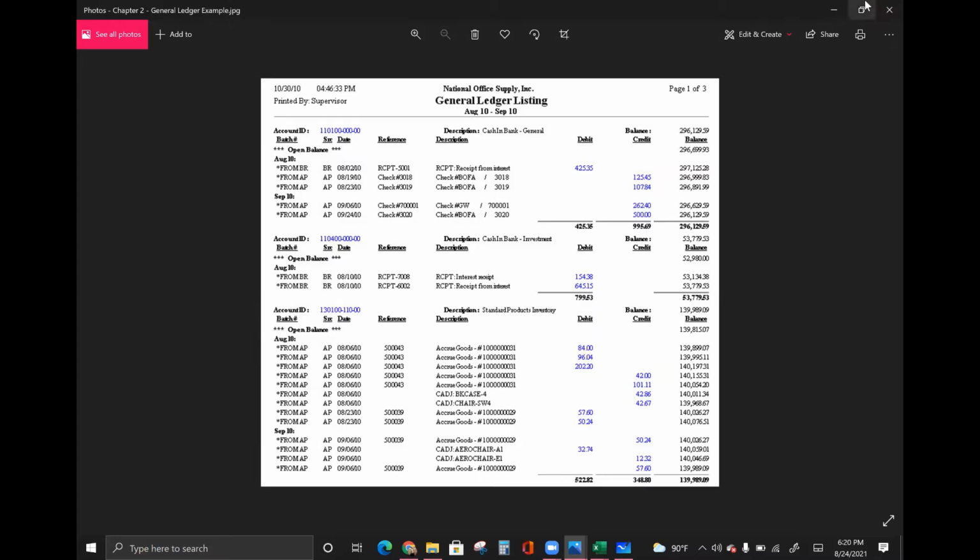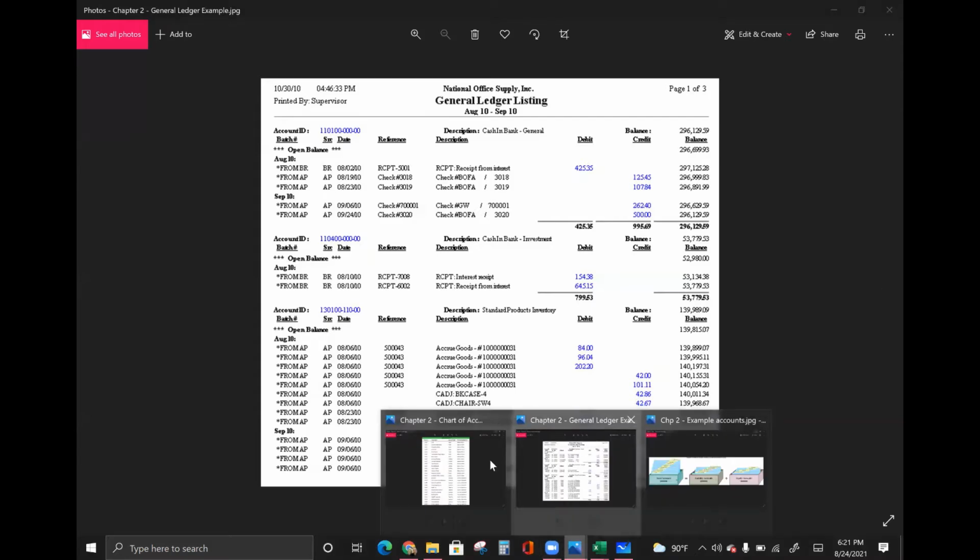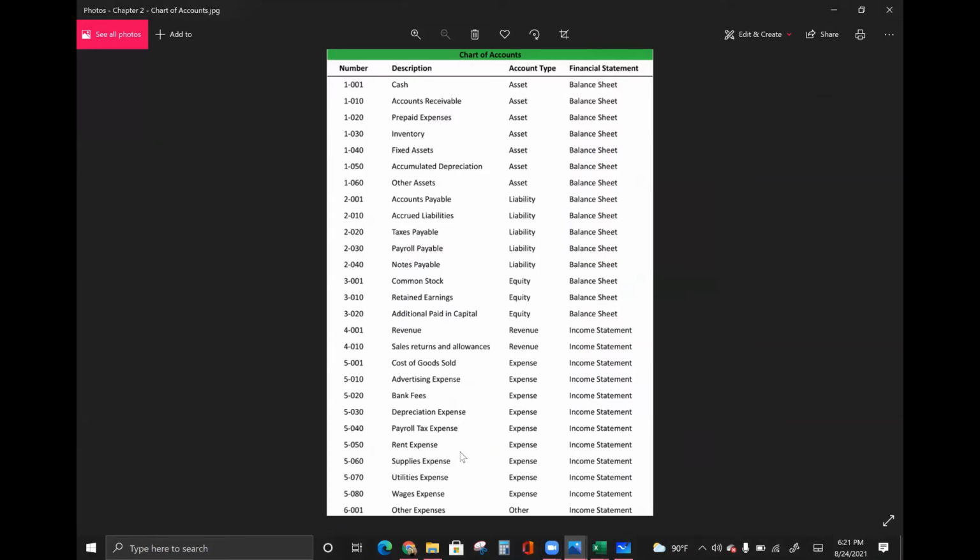Okay, so we're clear what a general ledger is, right? General ledger is just a listing of all the accounts and the balances that are in there. Then we have the chart of accounts. What that means is, here's a list of all my accounts that I can use in this business. This is what I have available for my transactions, when I do my entries, when I post and record those entries.